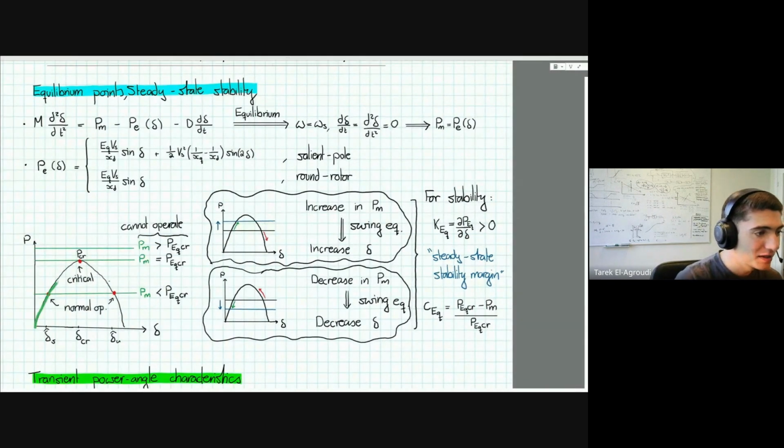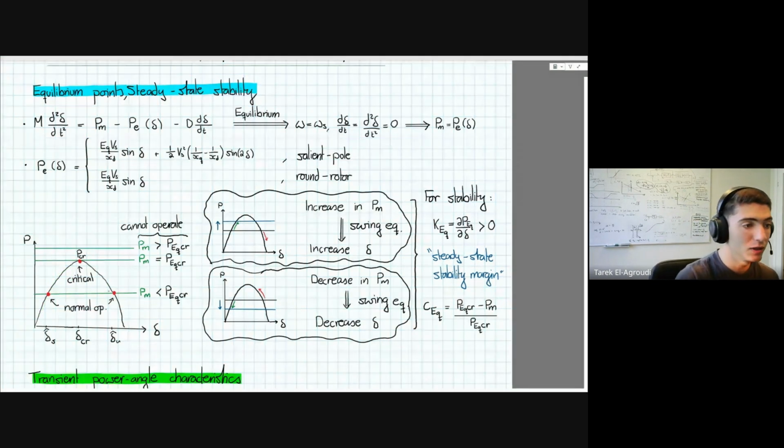The electrical power is just the sine of this angle times some voltage product, as we've gone over multiple times. So if you have an equilibrium, that means the derivative is 0, and so your mechanical power equals your electrical power. So you can see that you have two sort of operating points here. This one on the left side, you have a positive gradient of your power angle curve.